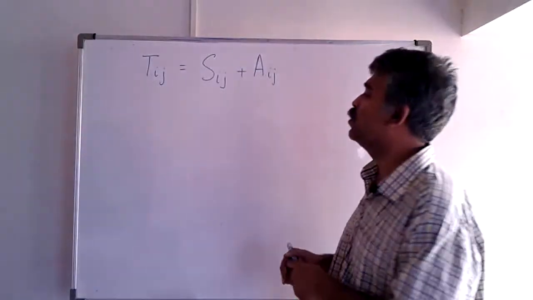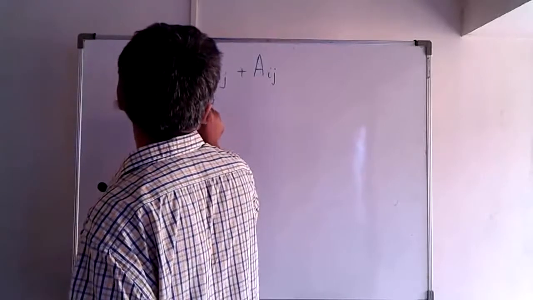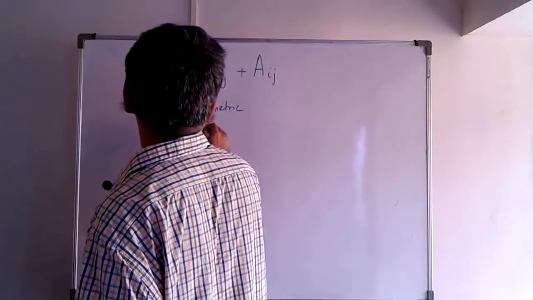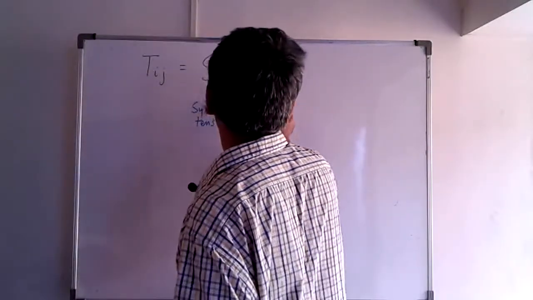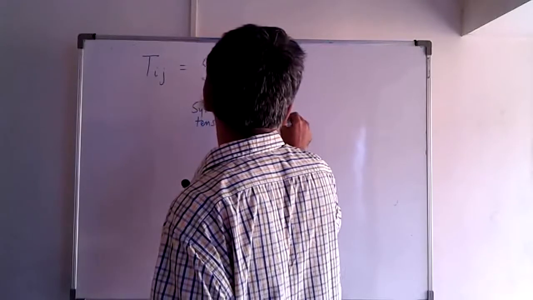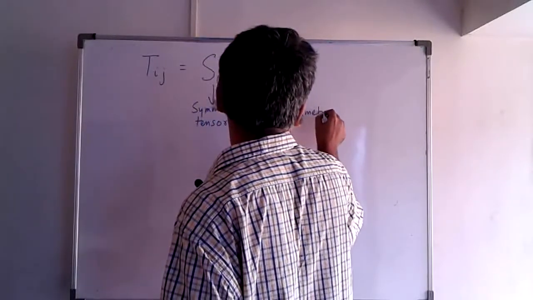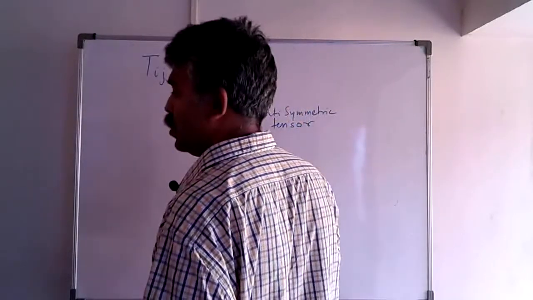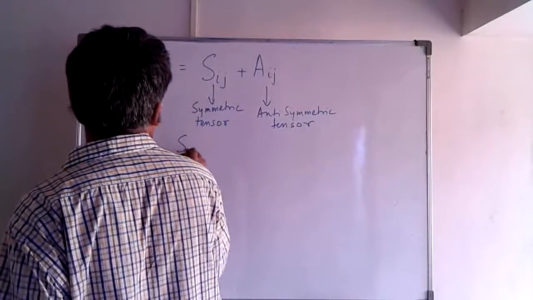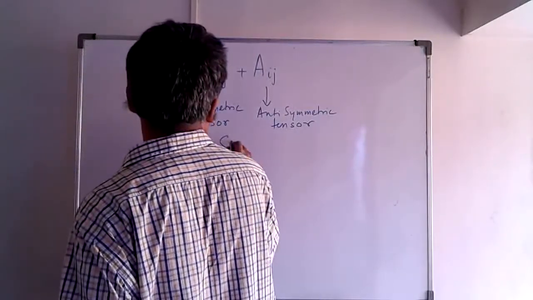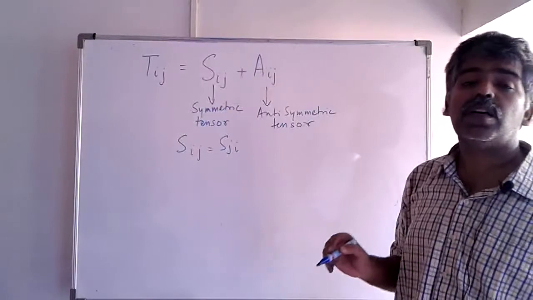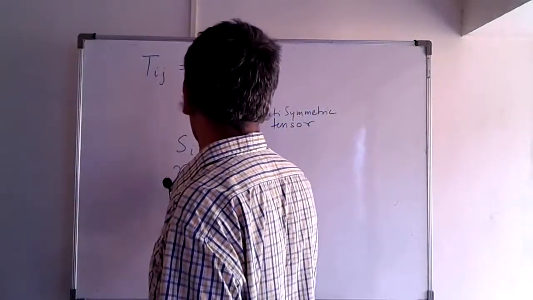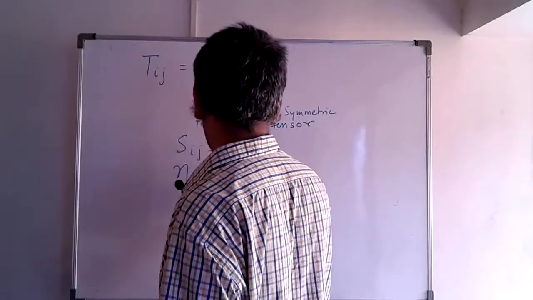What's a symmetric tensor? This is a symmetric tensor, this is an antisymmetric tensor. Symmetric tensor means Sij is equal to Sji. Very similar to the eta mu nu. Eta mu nu is a symmetric tensor, so eta nu mu is the same.